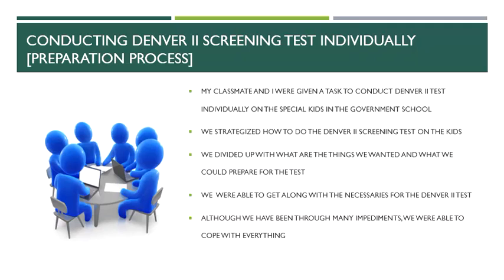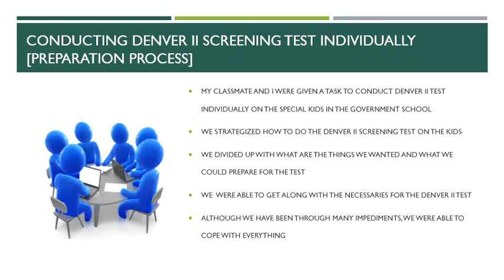This is my preparation process before performing Denver 2 tests individually in a government school. Firstly, my classmate and I were given a task to conduct Denver 2 tests by ourselves on the special kids in the government school. In that case, we strategized how to do the Denver 2 screening test on the kids.